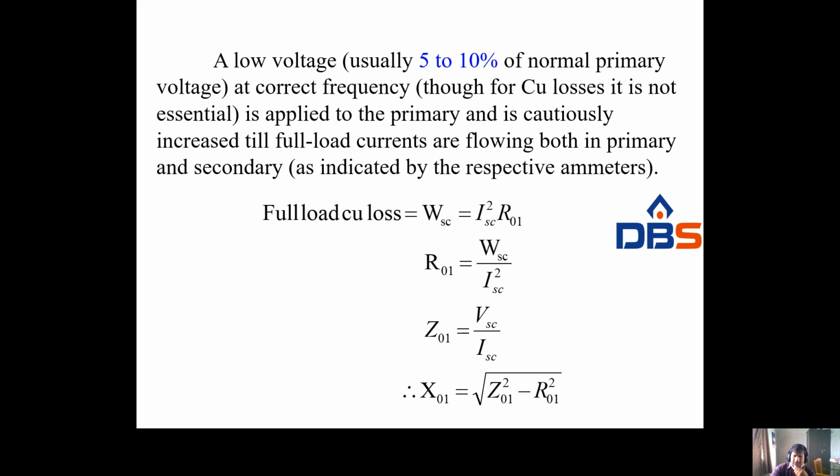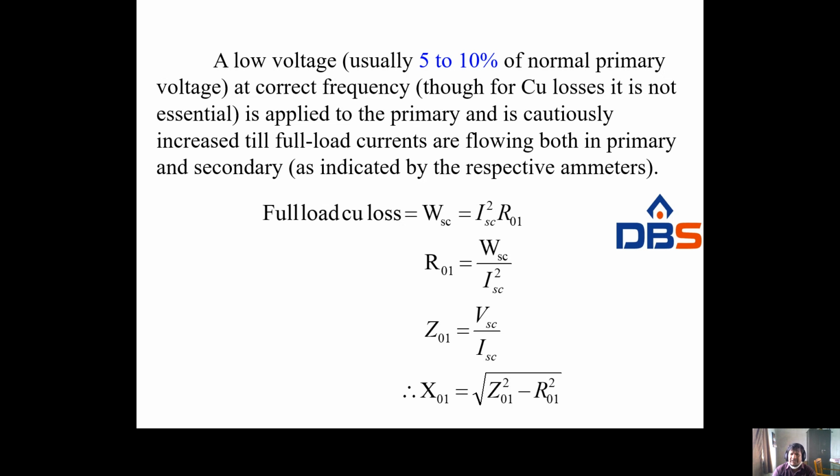Now go for the theoretical calculation. Generally, on applying the rated current, the voltmeter shows a very low voltage, less than 20 volts, or it may be 15 to 20 volts.